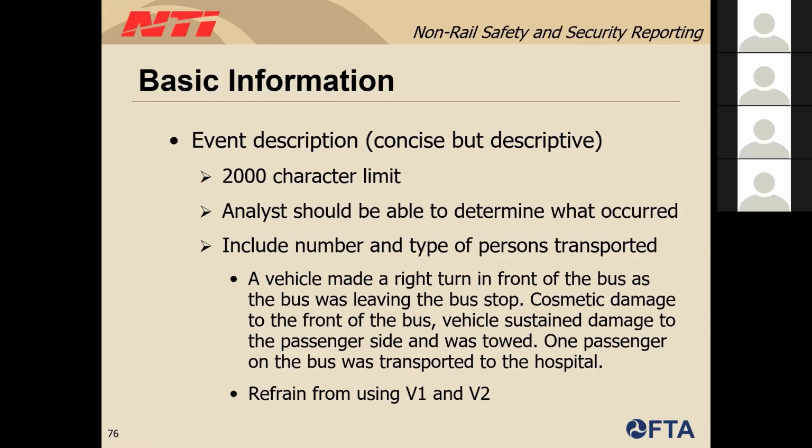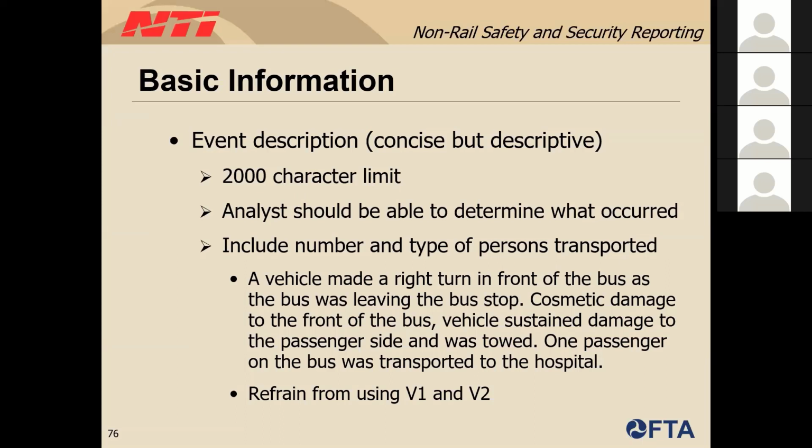The description should be concise but descriptive so the analyst can understand what occurred, how it occurred, and should include the number and type of injuries or fatalities, and if the vehicle was towed. Also, please refrain from using codes such as IV or vehicle 1 or vehicle 2 to refer to a vehicle.